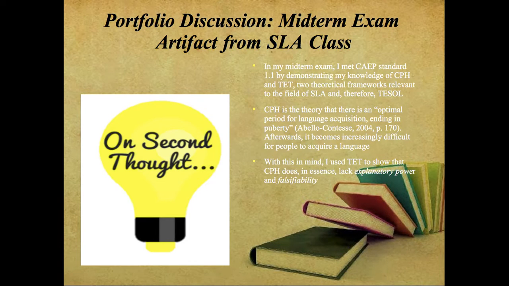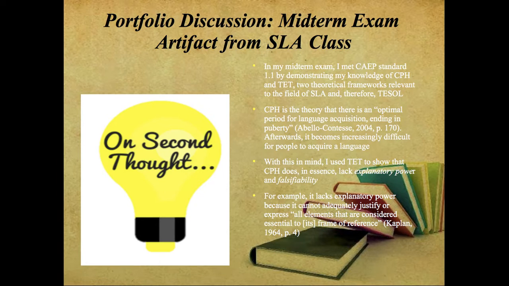With this in mind, I used TET to show that the critical period hypothesis really doesn't explain itself well, and therefore you can't really falsify it. For example, it lacks explanatory power because it cannot show adequately all the elements that are considered essential to its frame of reference. So basically, without substantial evidence and strong argument, CPH is really lacking in explanatory power.